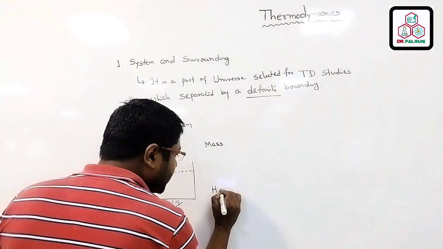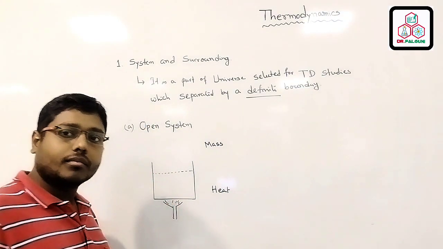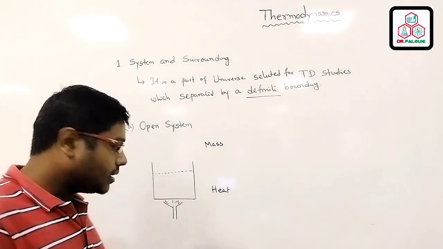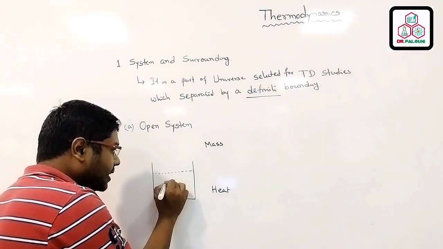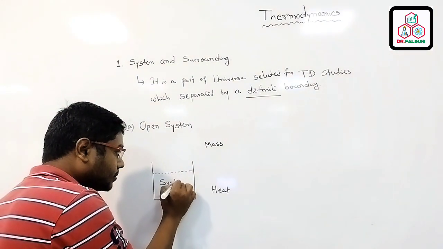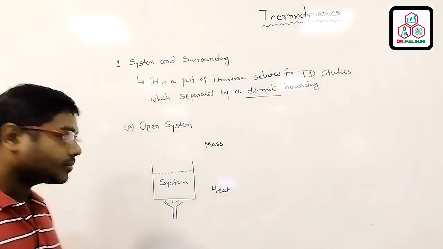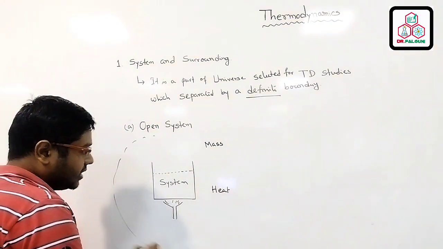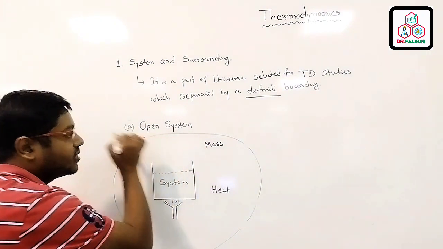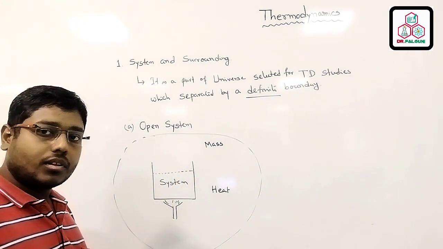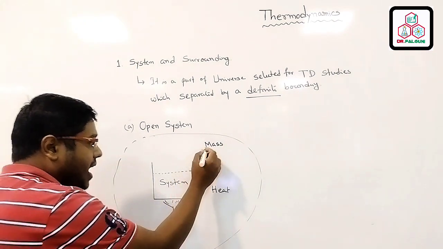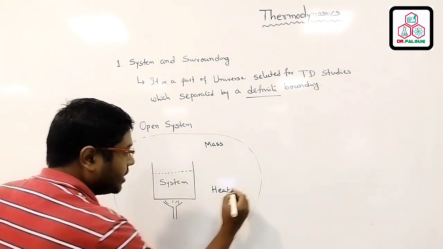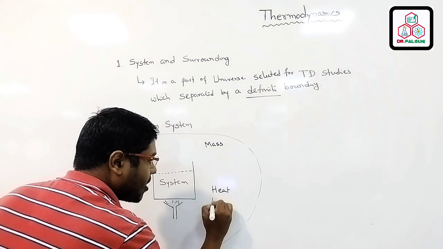What energy? Heat energy. So you can say this is the system, and this is the surroundings. So what is an open system? In an open system, both mass and energy can be exchanged. Heat is a form of energy.